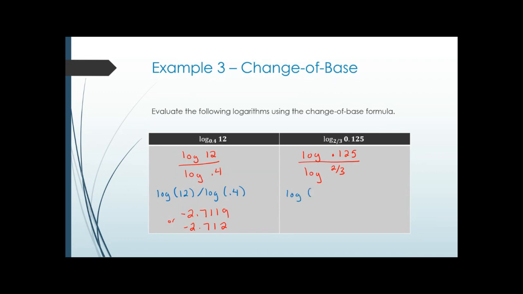So I can do log of 0.125 divided by log parenthesis 2 divided by 3. I have to make sure that I have parentheses in there so that you're not taking log base of 2 and then dividing by 3. So the parentheses are really important to make sure you're doing that 2 divided by 3 before you take the log.